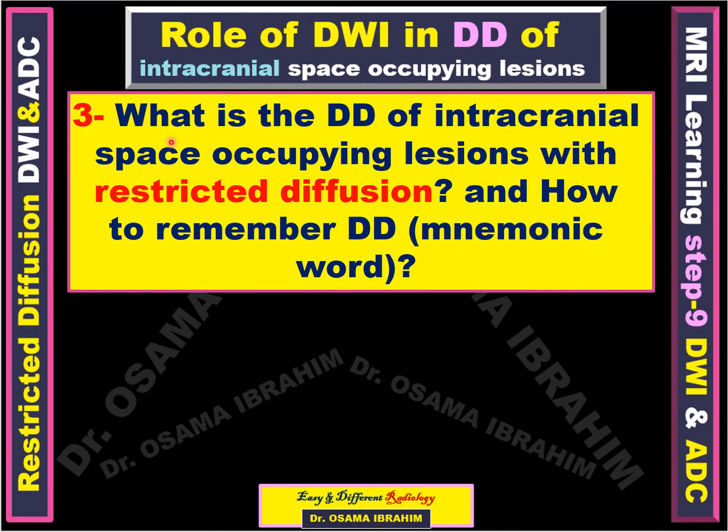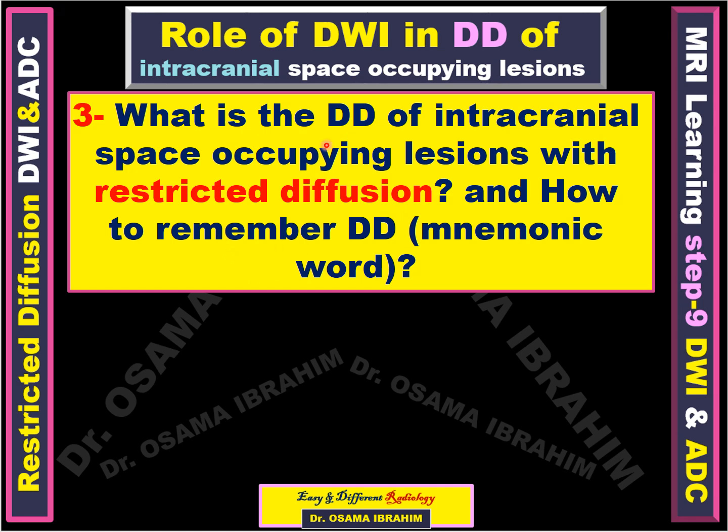So now we can shift to the third question, which is the main part and the main topic of my presentation today: what is the differential diagnosis of intracranial space occupying lesions which have restricted diffusion signal, as I discussed already in the previous two slides, and how to remember the differential diagnosis with a mnemonic word.